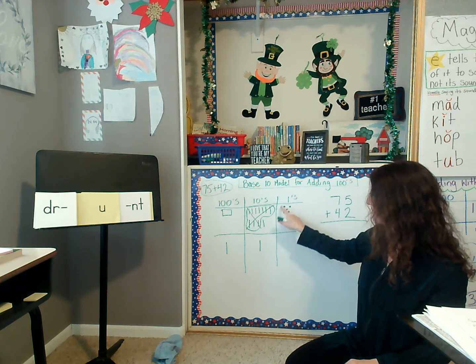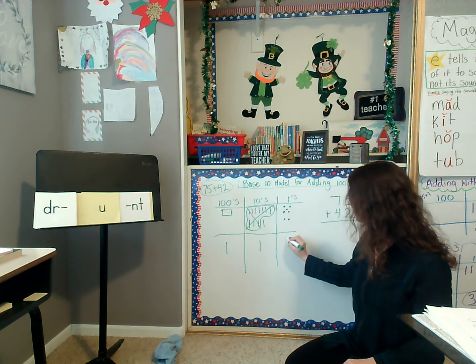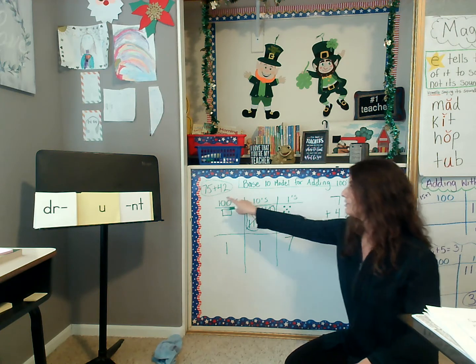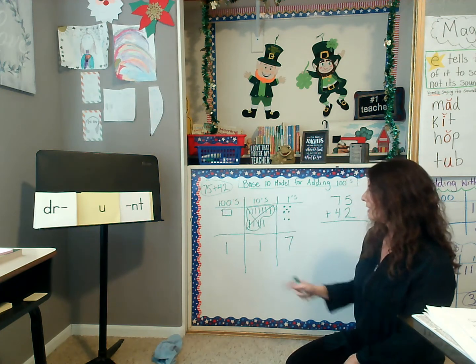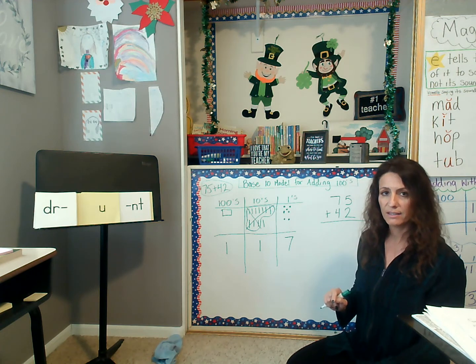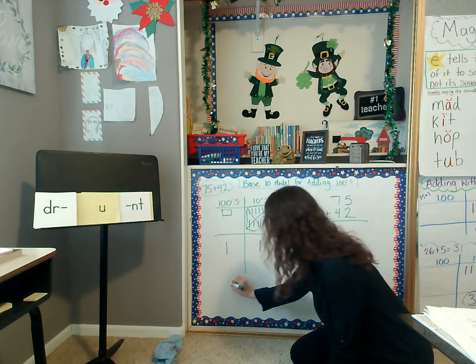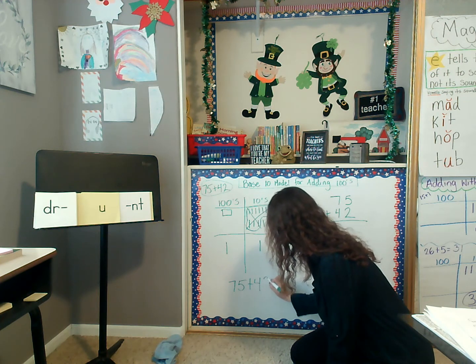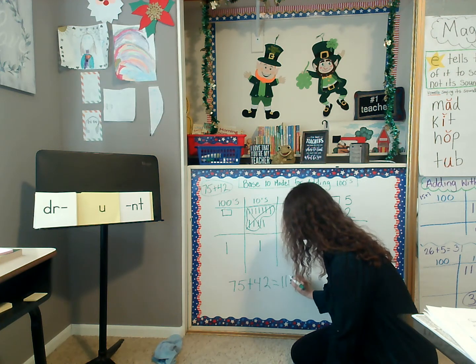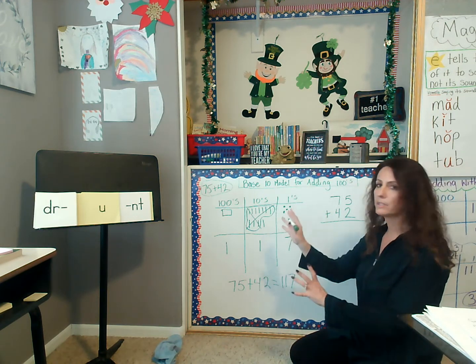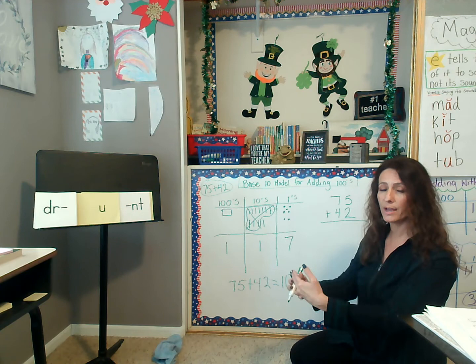We had 5, 6, and 7. 7 ones. Okay, so to answer 75 plus 42, it equals 117. That's how we read that. 117. 75 plus 42 equals 117. Okay, so now you can see what it looks like when our answer goes over that 100.